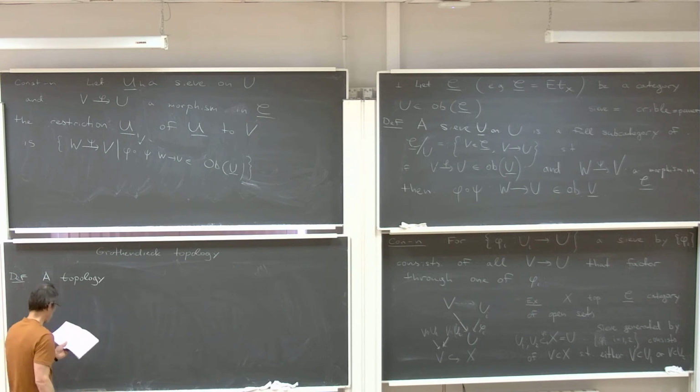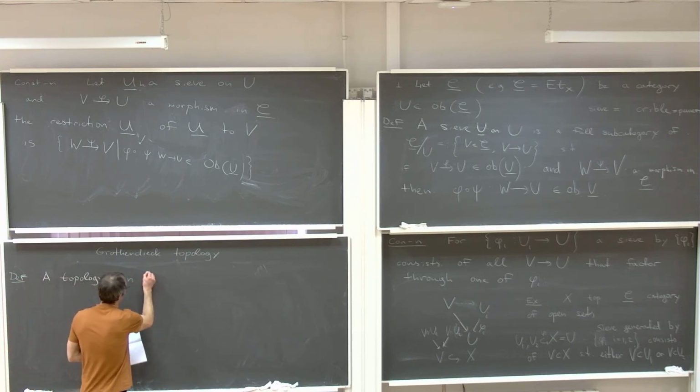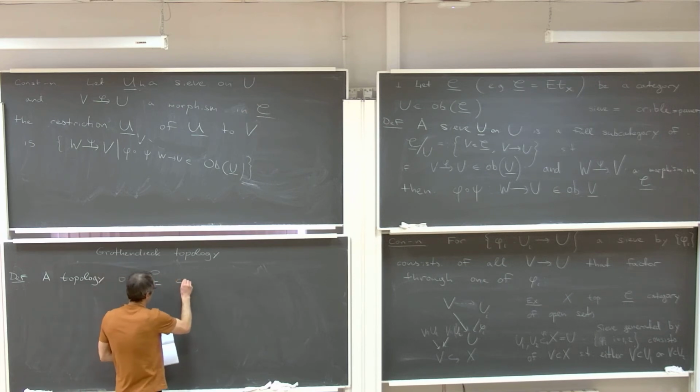Okay, so a topology on a category consists of the following.